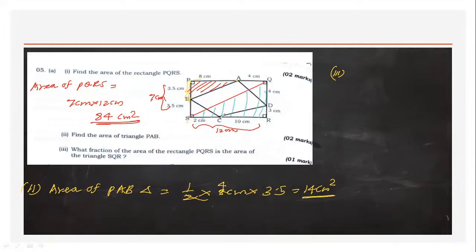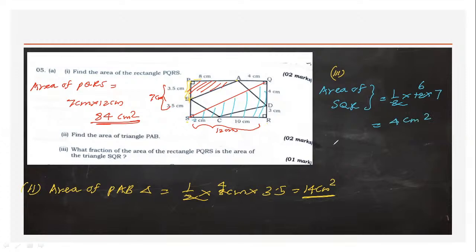This triangle. Here to here, then we can write area of SQR equals half into 12 into perpendicular height 7. 6 times 7, 42, right? 42 square centimeter.